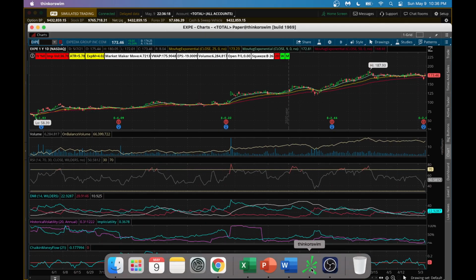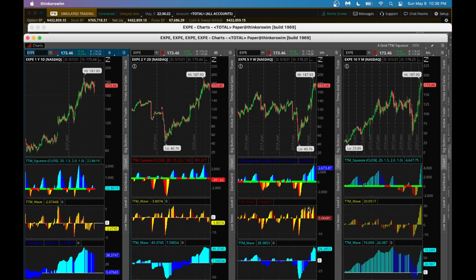Let's also look at the TTM Squeeze chart here. As you can see, we've got dots forming in the daily chart, and we've got a dot in the weekly 2-day chart. On the daily chart, the line is above 0 on the C wave, the longer-term wave. It's a lighter, darker color blue, meaning it's a little bit bearish at this point.